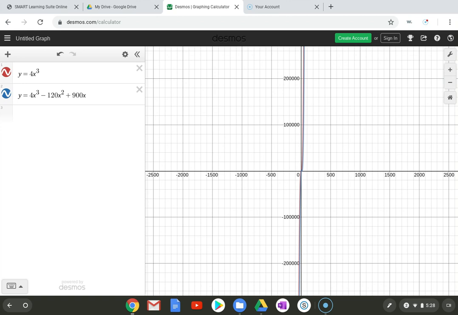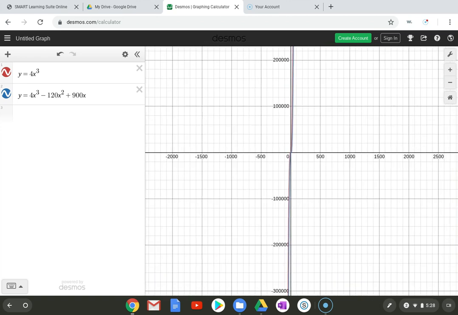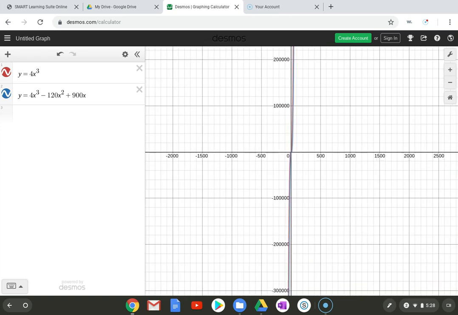And that middle part doesn't really matter so much. What we're talking about now is just these ends. So what's going on down here and what's going on up here. Now, it's hard to think that down here is where x approaches negative infinity and up here is where x approaches infinity. But you have to remember this is a really steep growing graph, and it does keep going all the way to infinity in both directions.